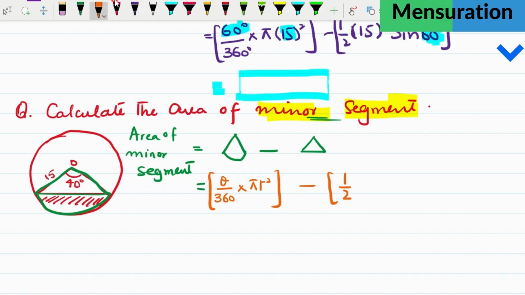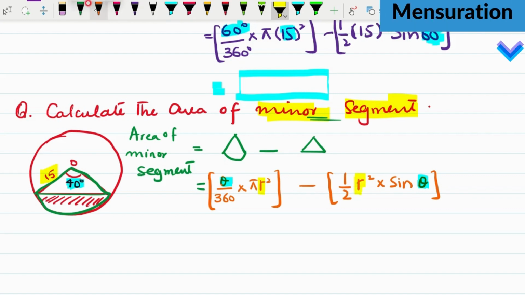That will be 1 over 2, half of r square into sine theta. So here, what is the theta? Theta is 40 here. So we will just substitute 40 instead of theta. And what is the r here? R is 15. So we will substitute 15 instead of r.